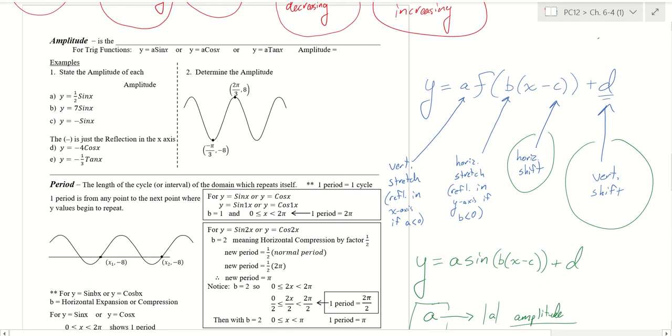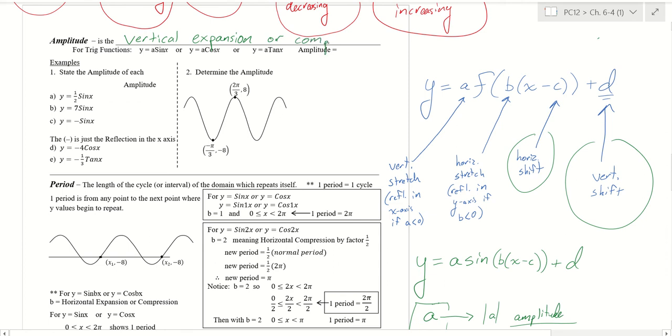So, amplitude, for example. We have a definition of amplitude here, and it's simply the vertical expansion or compression for trig functions.